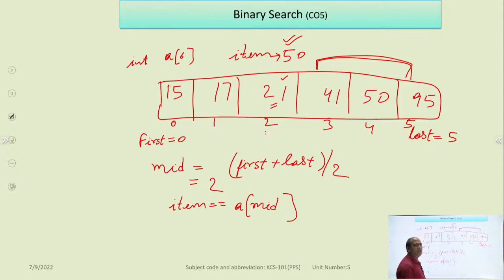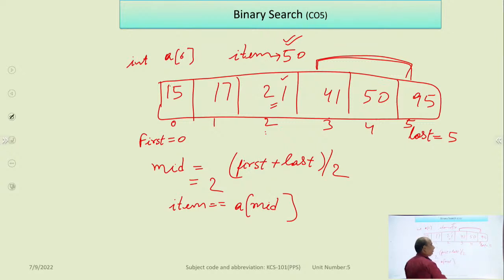We will only focus on the upper half of the array. We do not have to do anything with the previous elements, because the element is present in that part only.